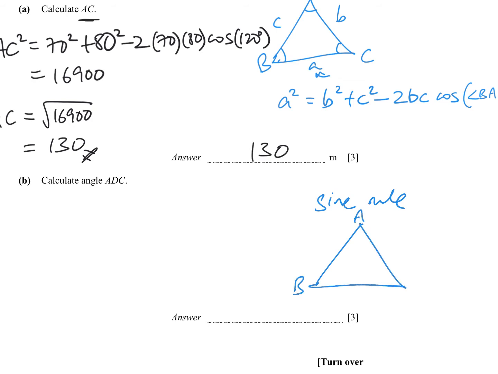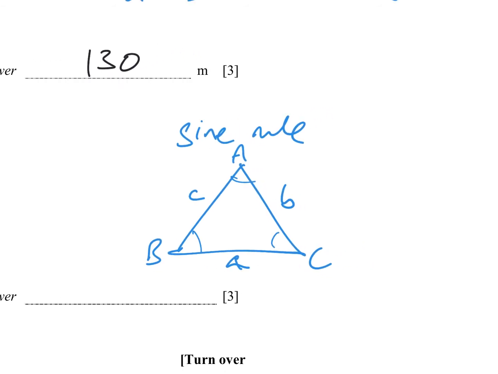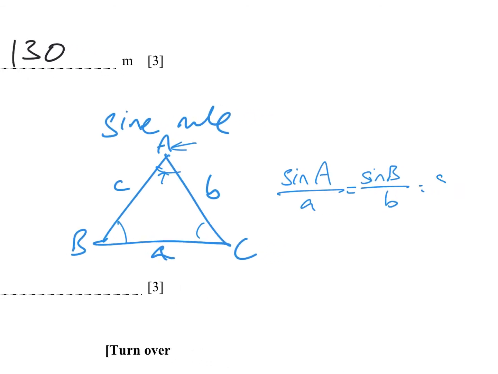Sine rule tells us for a triangle ABC with the relevant sides that sine of this angle, sine A, let's call this angle capital A, over a equals sine B over b, which also equals sine C over c.